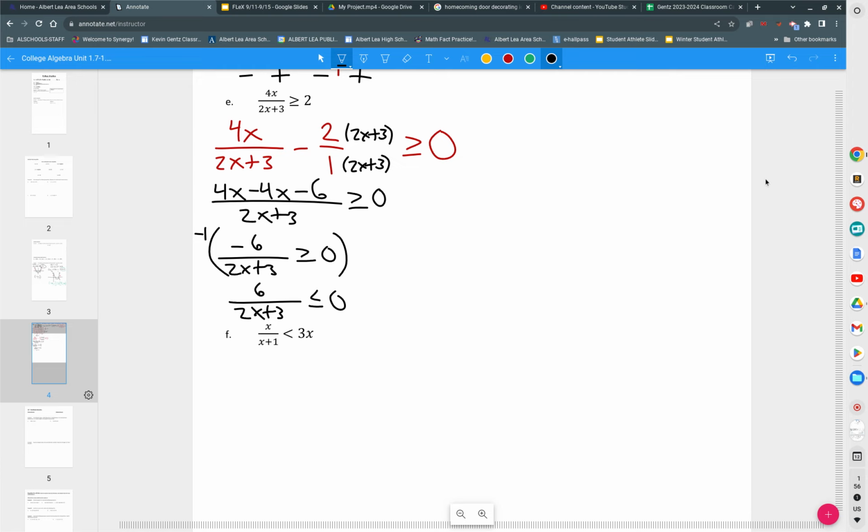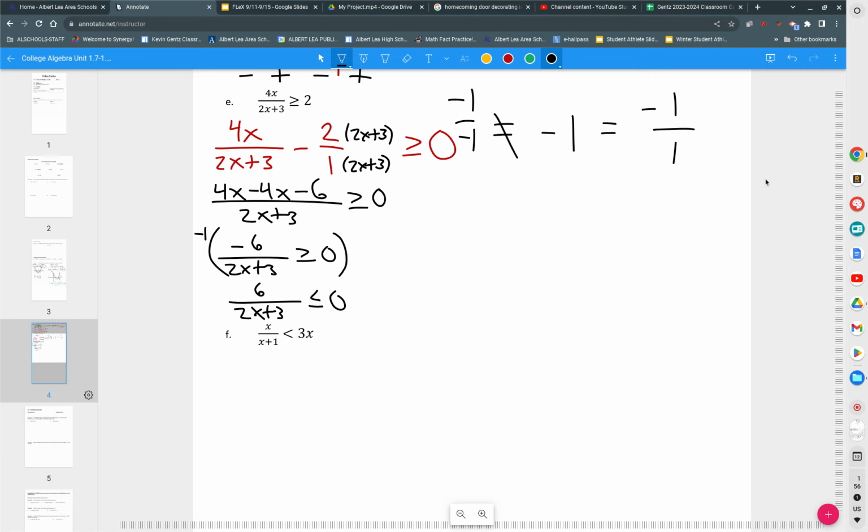Negative 1 is equal to negative 1 over 1. It is not equal to negative 1 over negative 1. When you multiply by negative 1, you only multiply the top or the bottom. So you do not multiply both the top and bottom by negative 1. Okay, does that make sense?